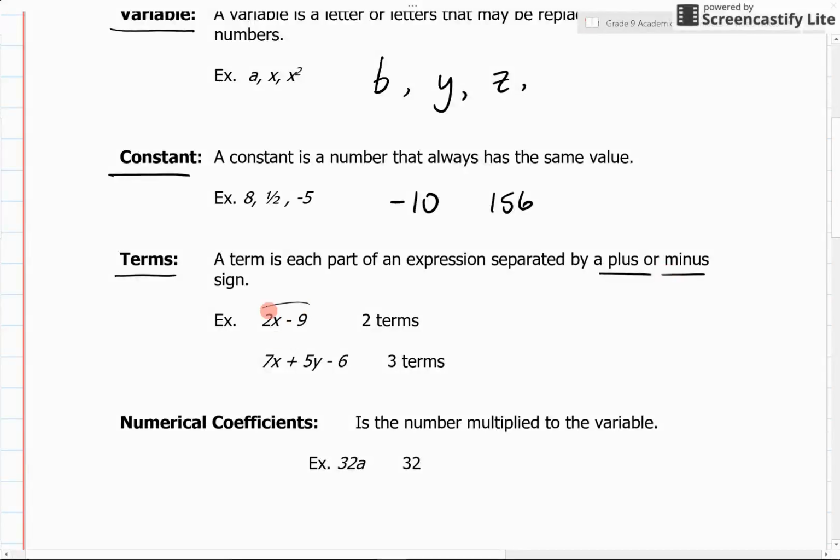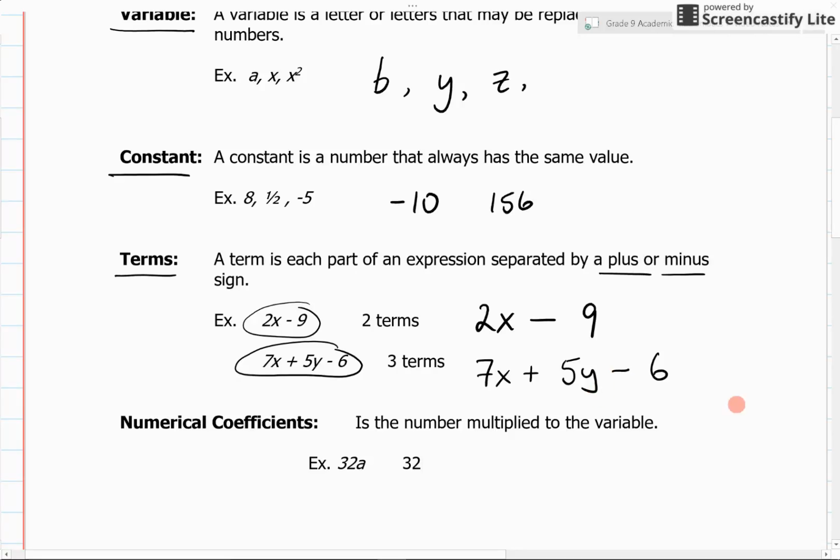So in this example here, 2x minus 9, we have two terms. 2x is a term, and 9 is a term, and they're being separated by that minus sign. My next example here, I have 7x, which is a term, 5y, and 6. So these are three terms being separated by a plus for the first one here, and a minus sign for the next one here.